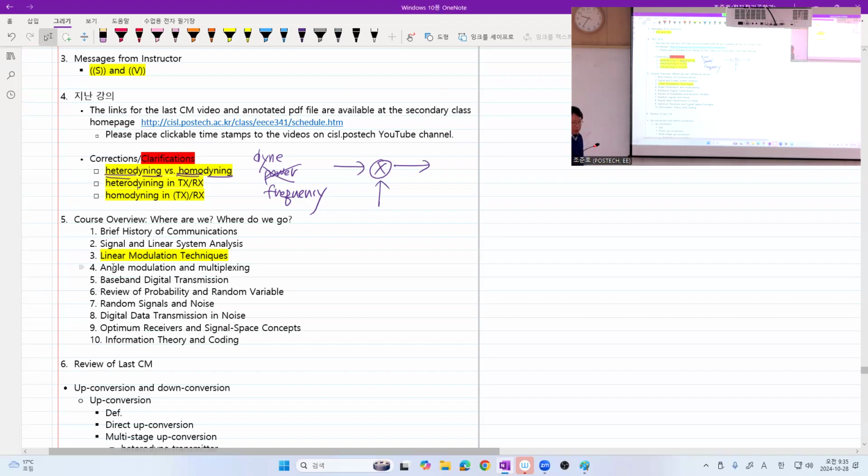So I believe this is one of the most important chapters. That's why I covered more than a quarter of this semester. After that, I will also spend quite a lot of hours explaining angle modulations, and then very quickly cover the last part.